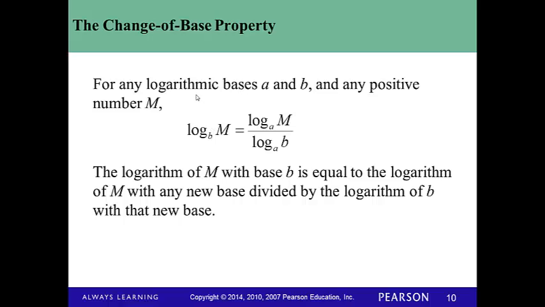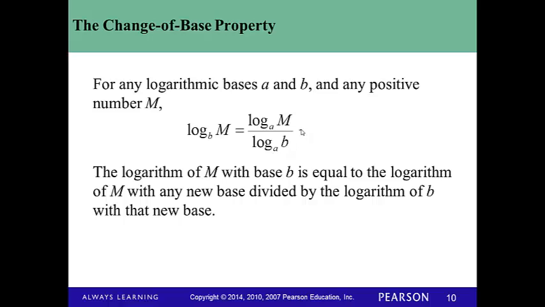So it says for any log bases a and b, so any numbers a and b, and any positive number m, if I had the log base b of m, my change of base formula would be the log base a of m divided by the log base a of b.